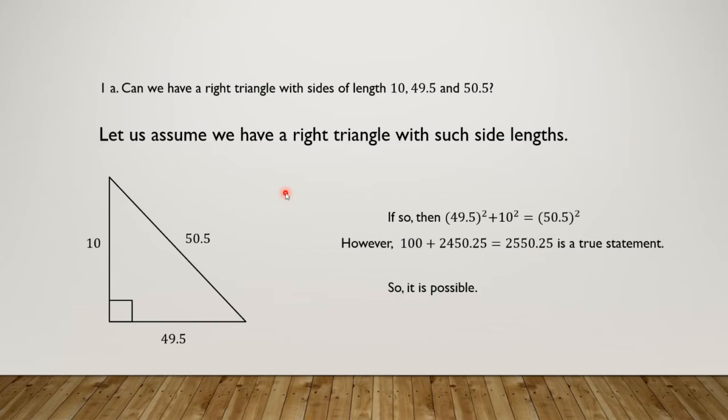So again, the first question was, can you have a right triangle whose side lengths are these? Really what you want to know is, do these three numbers satisfy Pythagorean's theorem? If it does satisfy it, then it is possible to have a right triangle like that.